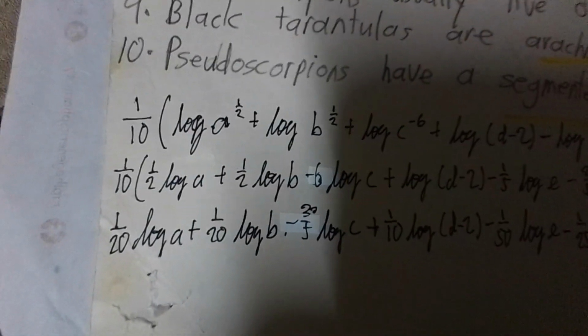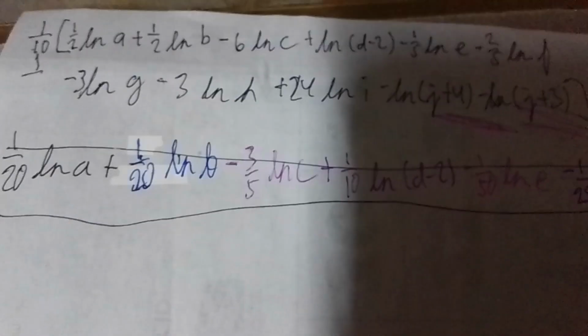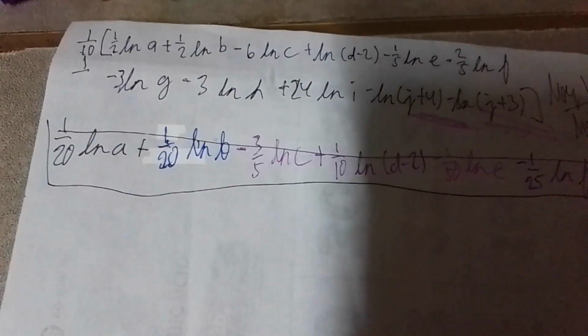And then this one is my final answer. 1/20 log of A, 1/20 log B. In this part, I use log. Pero in reality, we're using ln.